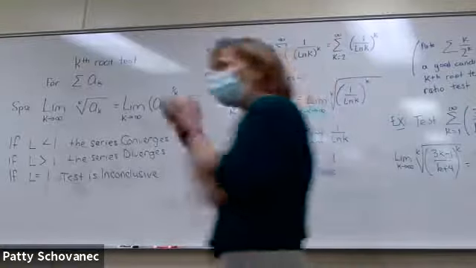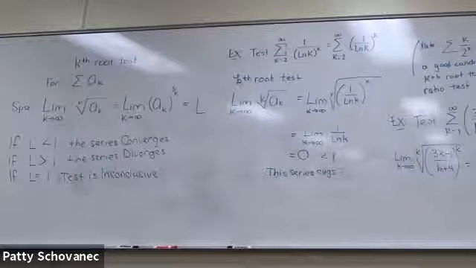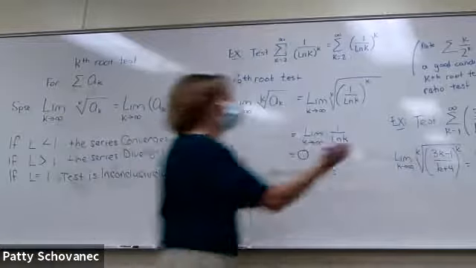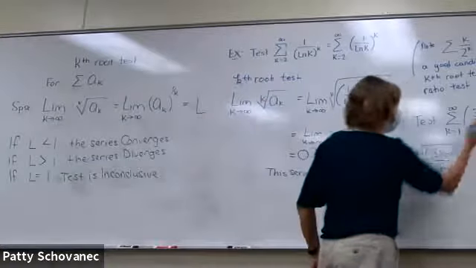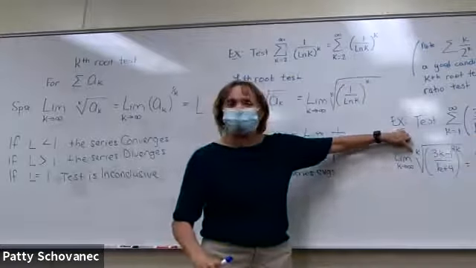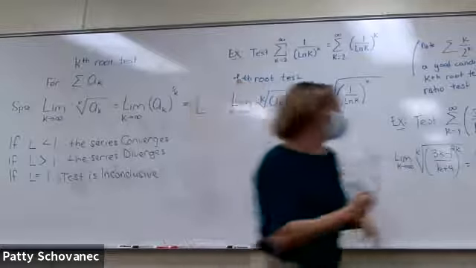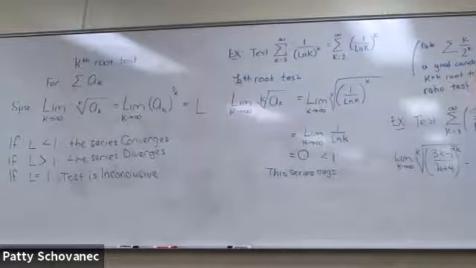Okay. What if the power is not k, it's like 2k? Okay, if it was 2k, let's just do it. This is 2k, we're good. Because remember, a kth root is a 1 over k power. So you have this stuff over here to the 2k, then raised to the 1 over k power.